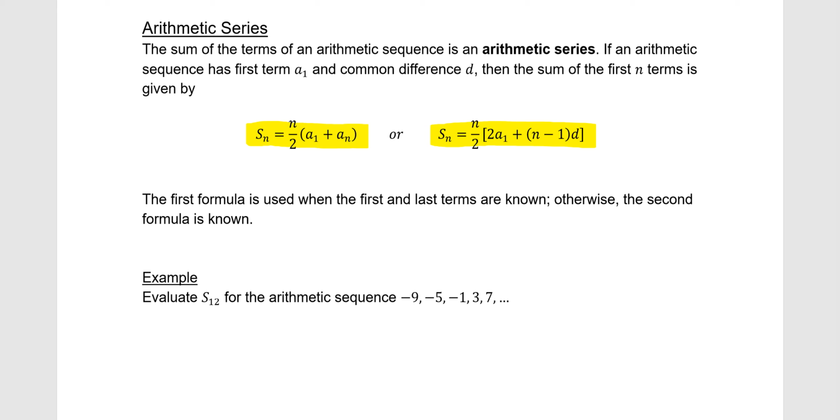And all this is using the fact that a sub n equals a sub 1 plus n minus 1 times d. So it's replacing this a sub n with that to get that one, but they're the same exact little formulas here. So the first formula is going to be used when the first and last terms are known. If the first and last are not known, then we have to use the second formula.